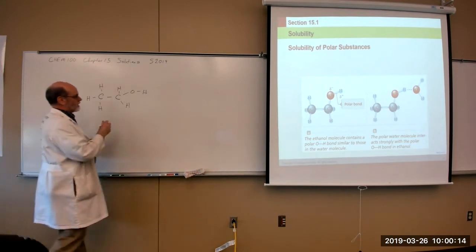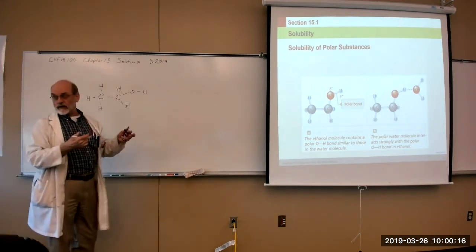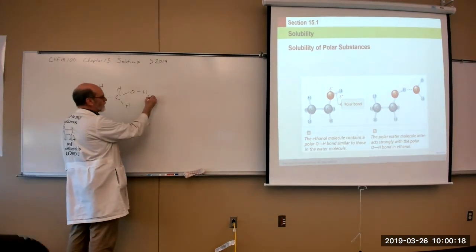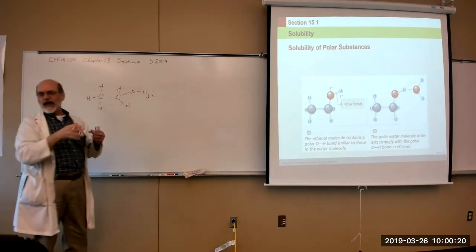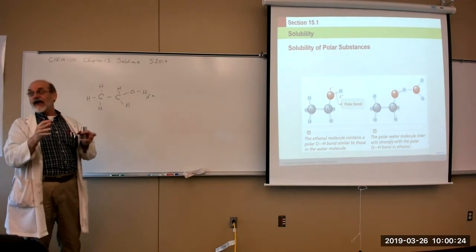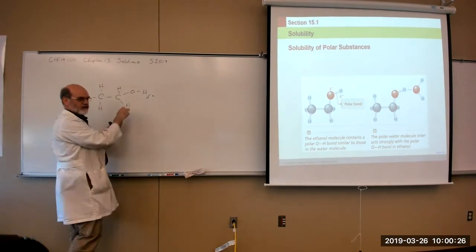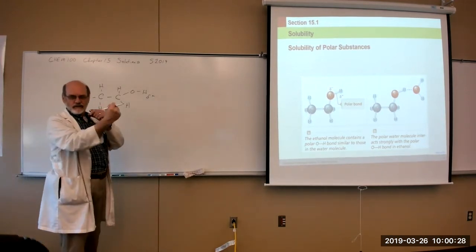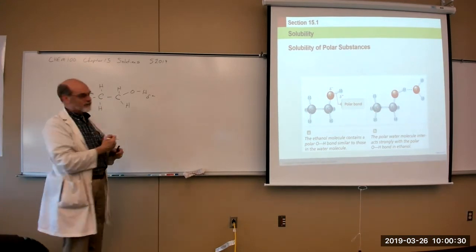You get, well, similar to the water molecule, a slight positive, and that little delta means slight, but not complete. If you just put the plus sign, that's an ion. But if you put the little delta, that means it's just a slight distribution difference.